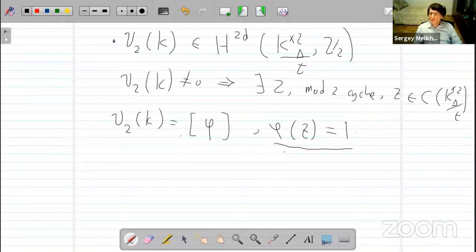I mean, you can also speak about maps from this cycle into RP infinity. And this map should commute with the embedding of Z in the quotient by involution of another deleted product. Okay, yes.